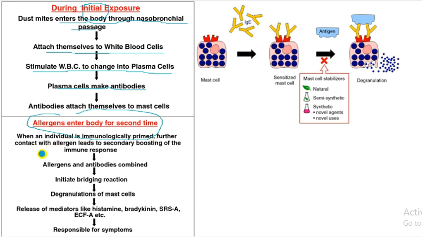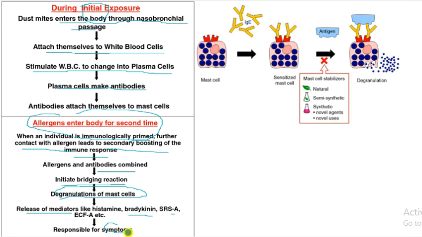Allergen enters the body a second time when an individual is immunologically primed. Further contact with the allergen leads to secondary boosting of the immune response. Allergen and antibodies combined initiate the bridging reaction. Degranulation of mast cells happens, then release of mediators like histamine, bradykinin, SRSA, ECFA, etc.